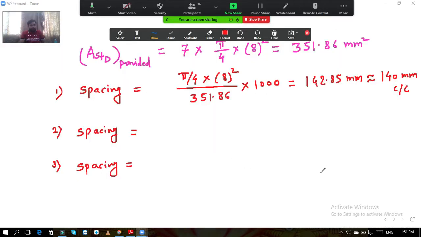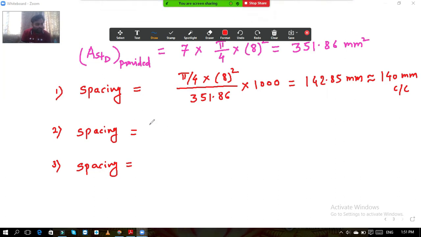So now coming back to the whiteboard, what is the spacing now? So it is 5d, so it must be equal to 5 into 230. So let me know the answer. And last one is 450 mm.